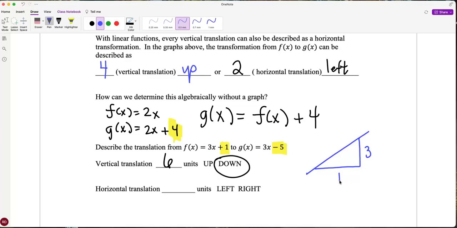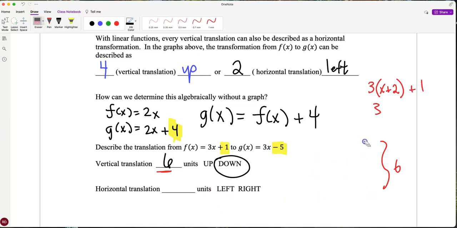So if you wanted to recognize the same thing, going down 3, in order to get back on the line, you would go left 1, okay? So if I went down 6 units, I would have to go to the left 2 units to even that out, okay?